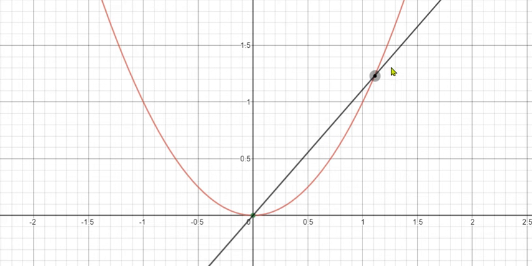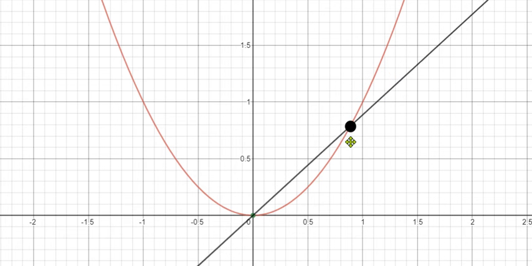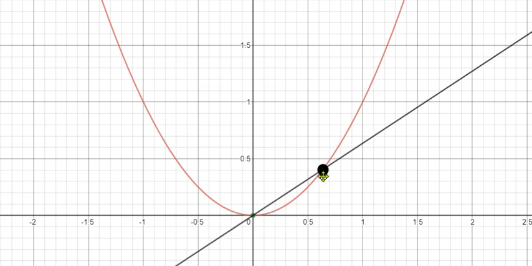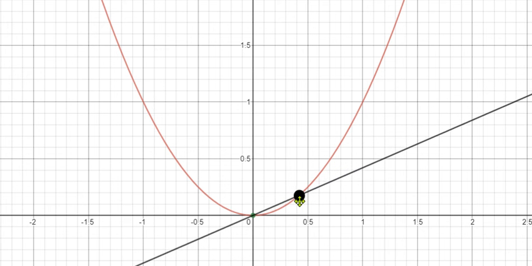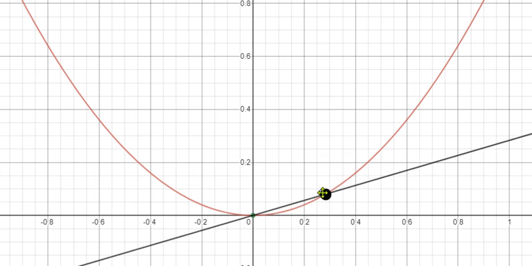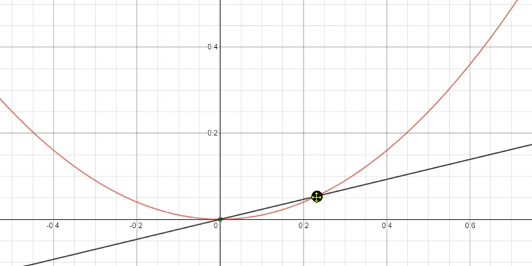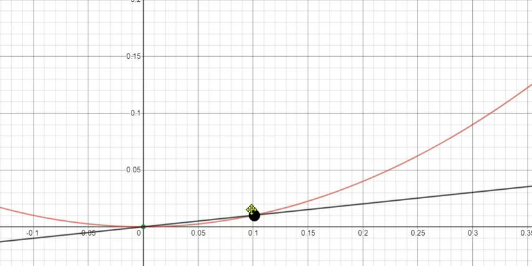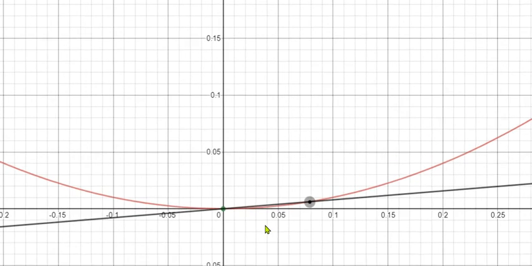We can solve for the secant line actually because we're given 2 points, point P and point Q. So what we do is we move point Q towards point P, the green one. So if I move this one, what happens? As point Q approaches point P, the slope of that secant line is also approaching the slope of the tangent line.